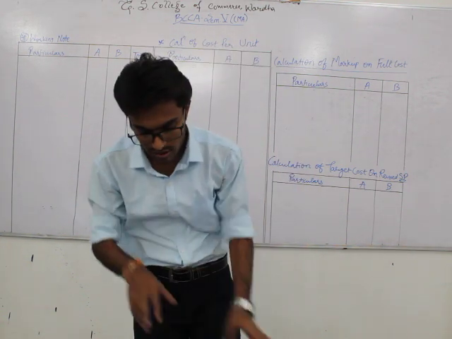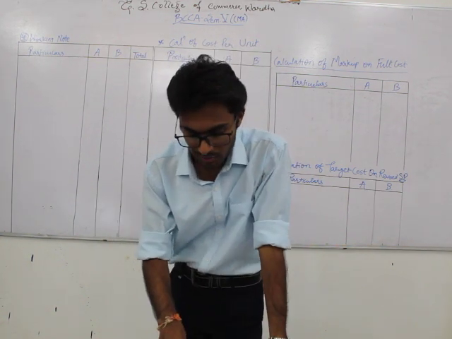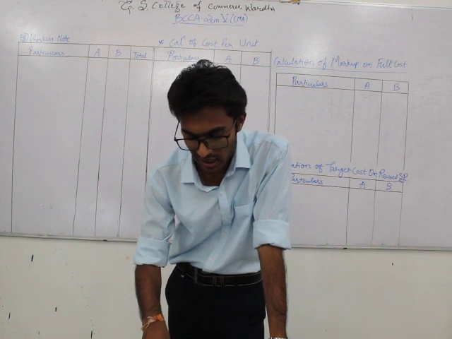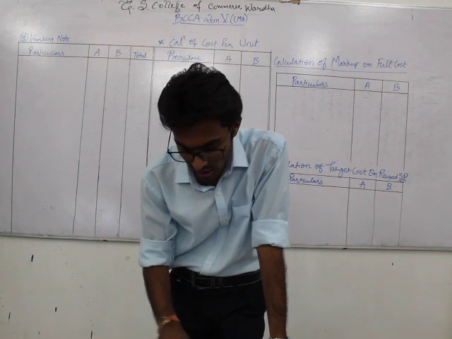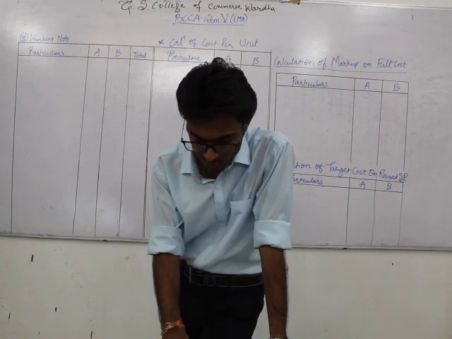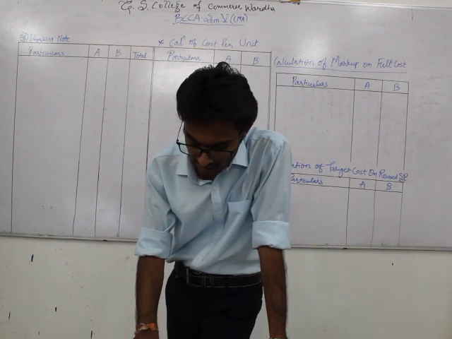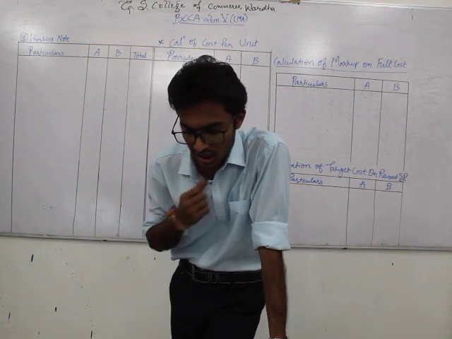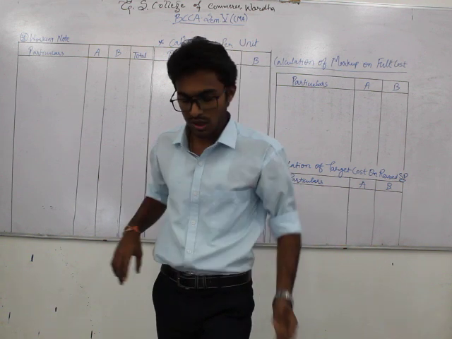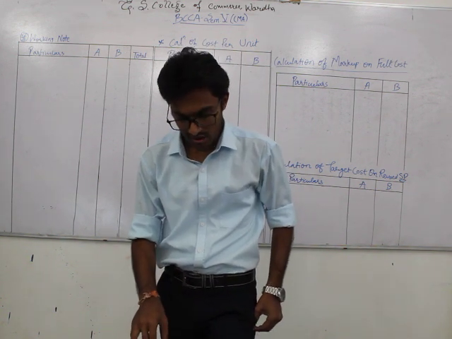And the question 2 is, if the sale price of component A and B are to be brought down to 9 per unit and 135 per unit respectively, what should be the target cost for 2 products to maintain the same markup percentage on full cost per unit as at present?